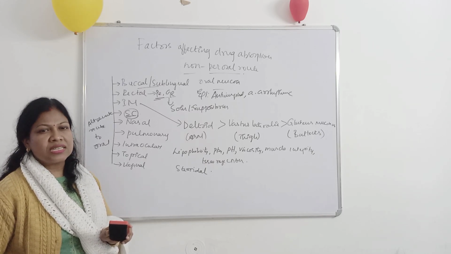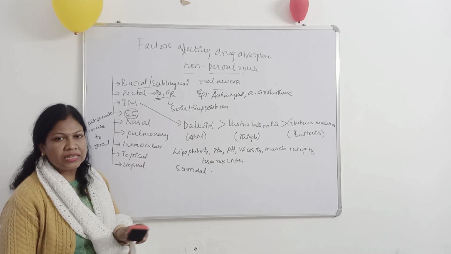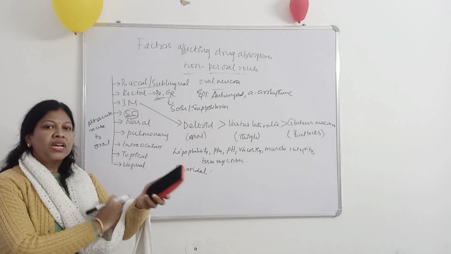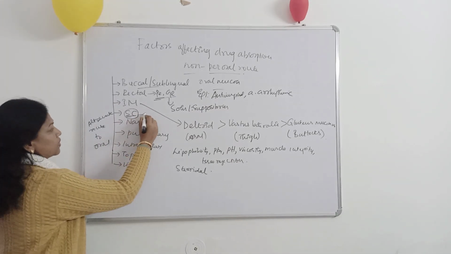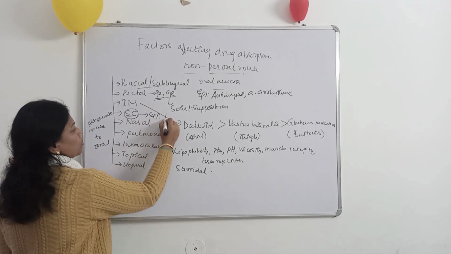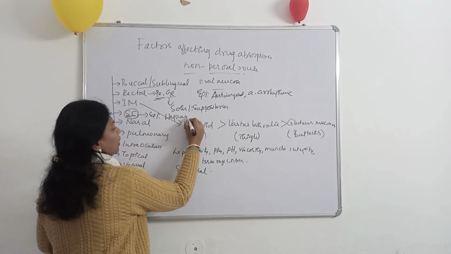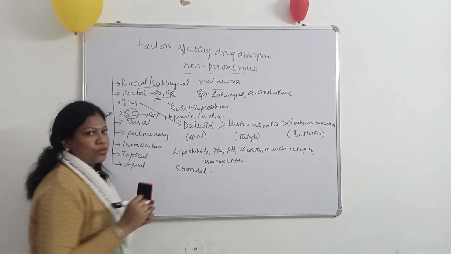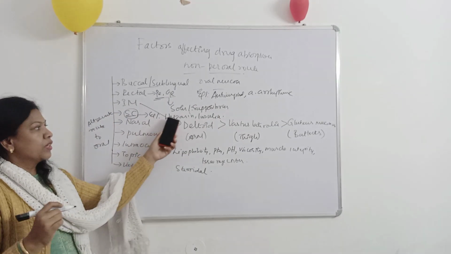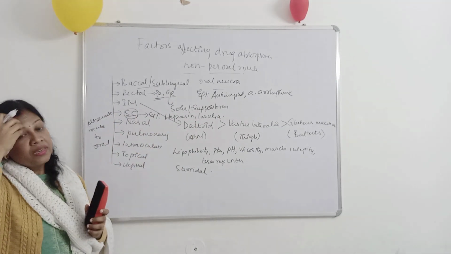They use either the abdominal region or the thigh region for administering this insulin injection. Examples of drugs which can be given through this route are heparin and insulin. So by the subcutaneous route, you can administer heparin and insulin.